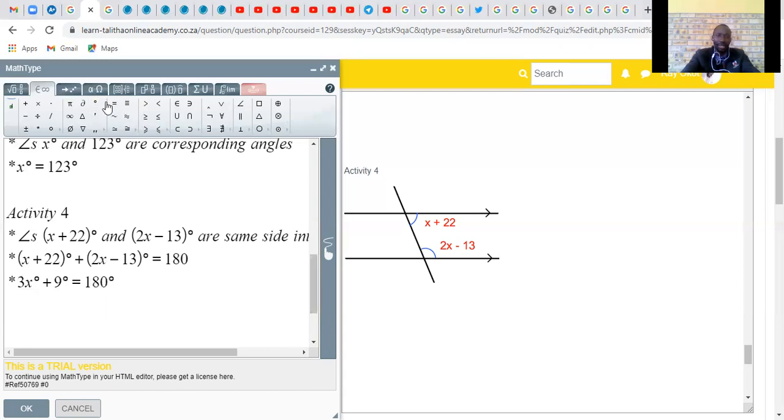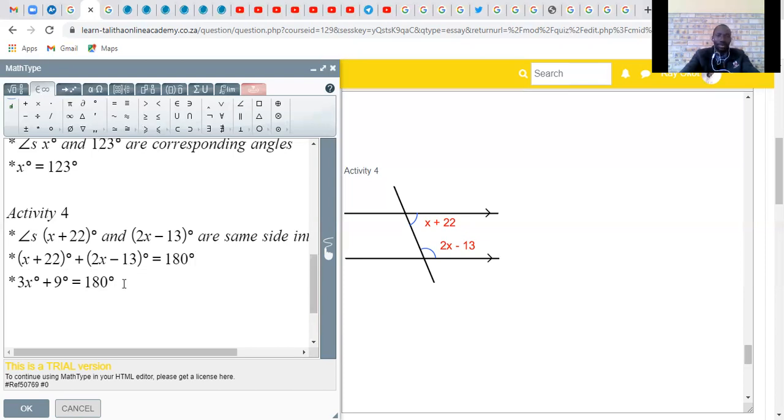That is what we get when we simplify the quantities inside the bracket. We do that with the process known as collection of like terms. We put x and 2x together to get 3x. Then we get 22 and 13 together to get 9. Since 22 is positive and 13 is negative, when we add the two, the result is going to be less than the individual quantities. So this is what we have.